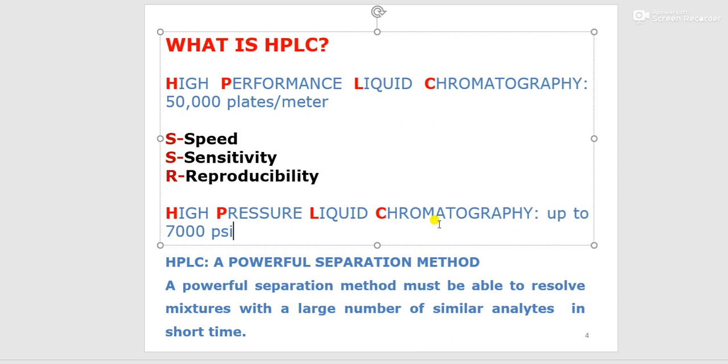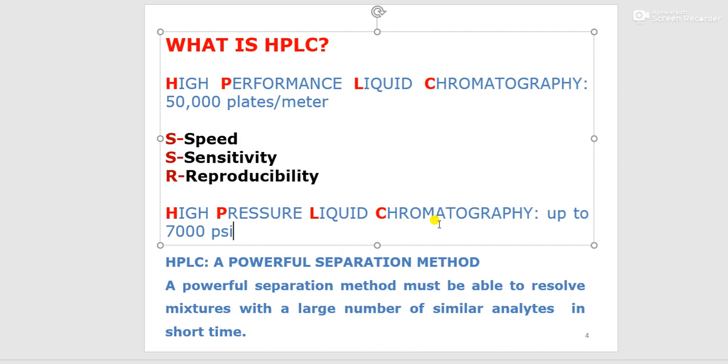So in HPLC, the size of particle for stationary phase is very small, and because of that it forms a compact mass. So mobile phase cannot easily flow through it by simply capillary action.